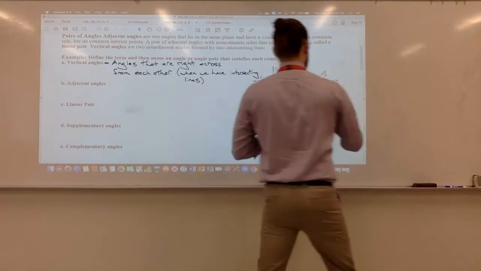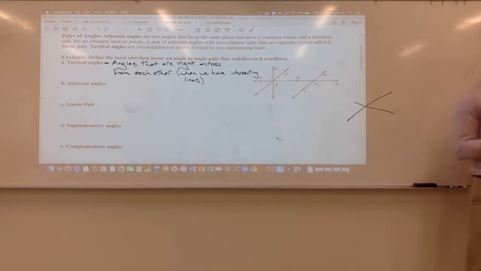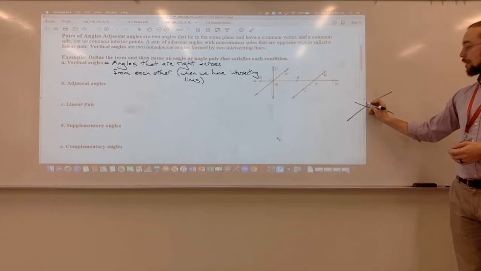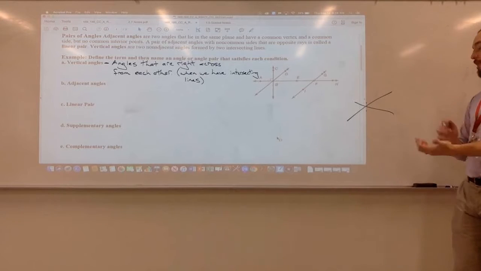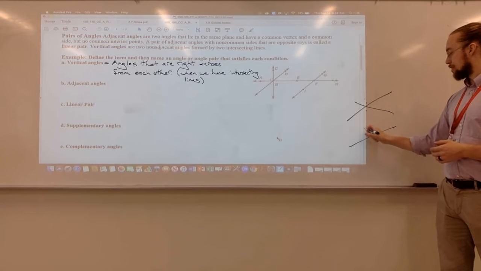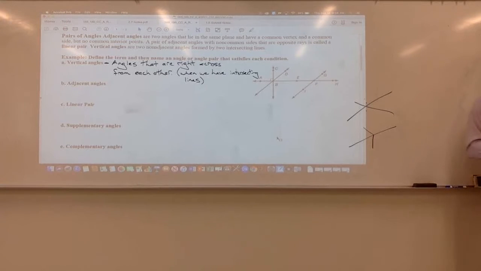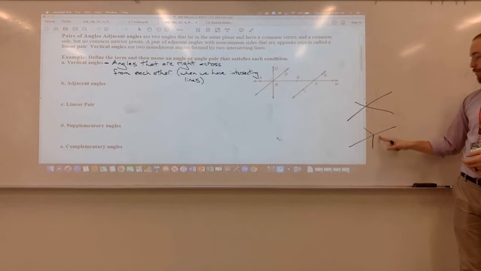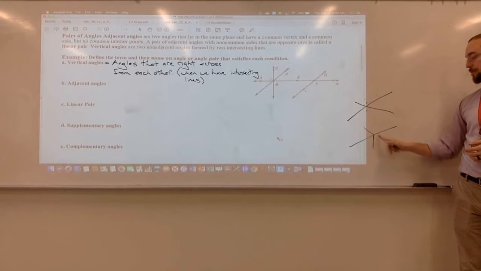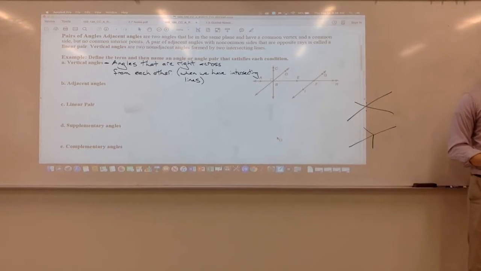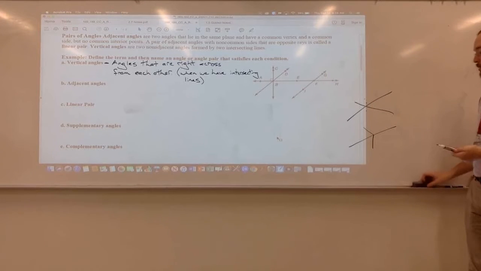If I've got, before we look at this diagram, a pair of intersecting lines, angles that are right across from each other would be vertical angles. An example that would not be vertical angles is if I had something like that. This is not a pair of intersecting lines. So even though these angles are right across from each other, they would not be vertical angles because this is not a pair of intersecting lines. So vertical angles are angles that are right across from each other when we have intersecting lines.